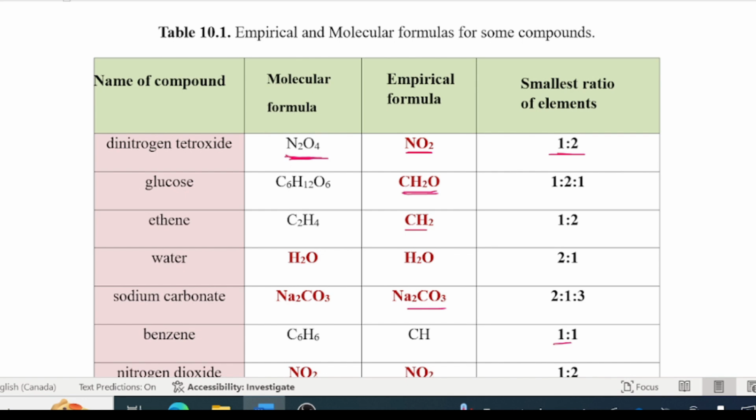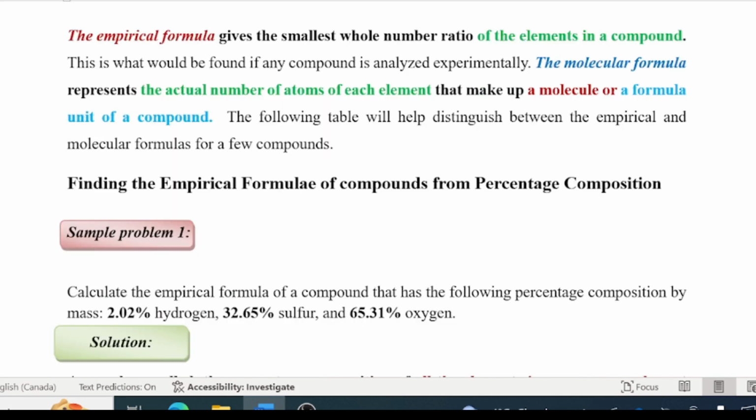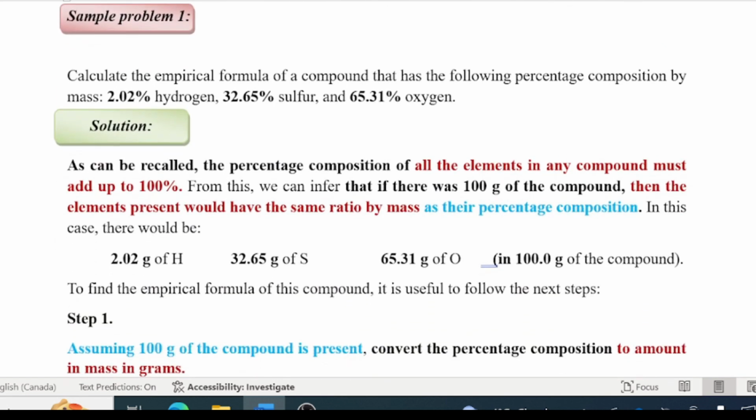Next, we'll be learning how to find the empirical formulas of compounds. Let us say someone gave you the following percentage composition for the elements in a compound. That is it for hydrogen, that is it for sulfur, and this is it for oxygen. So what we'll do first of all is to change these into masses.